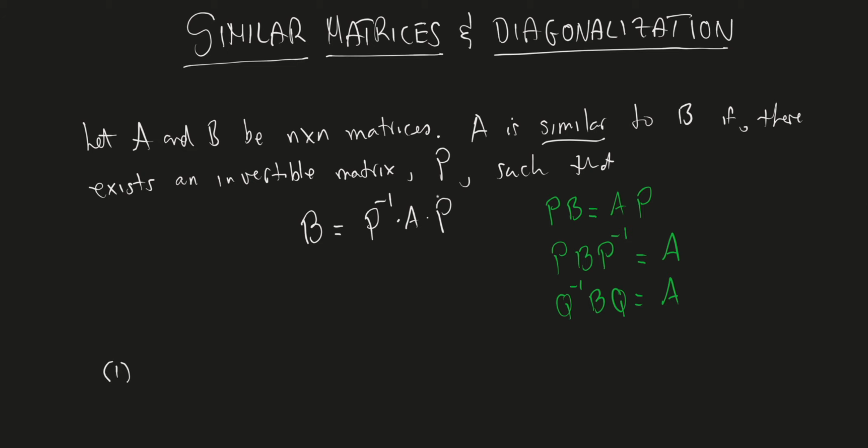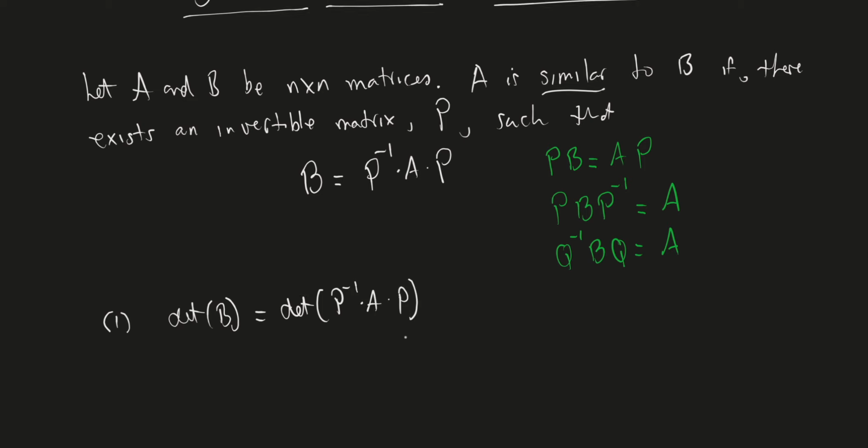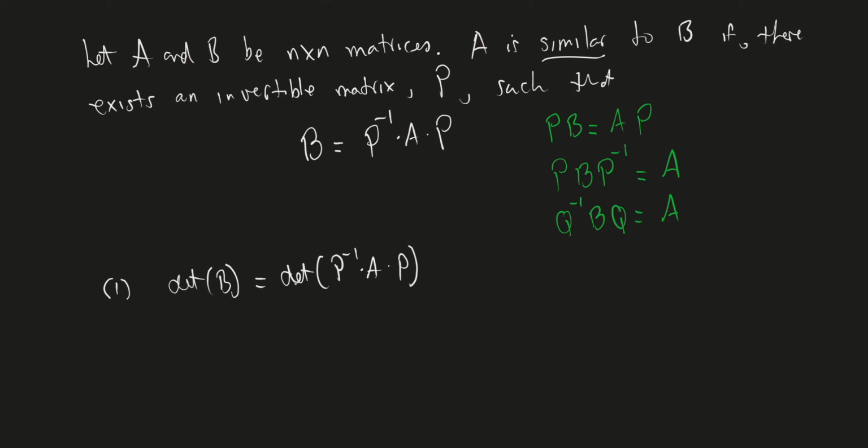Let's say I take the determinant of both sides of this equation. So the determinant of B will be equal to the determinant of this product. We spent a lot of time talking about properties of the determinant, and we know the determinant is multiplicative: it doesn't matter if I multiply first and then do the determinant, or do the determinants and then multiply.